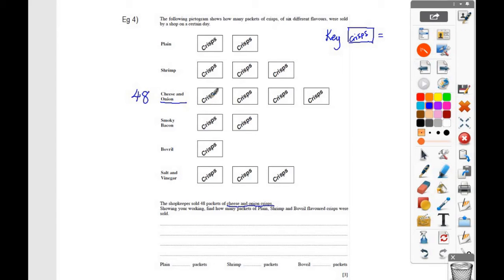Well, if we've got 4 packets of crisps as symbols, and we know that stands for 48 packets altogether, that must mean that 1 packet is 48 divided by 4, which is 12. So 1 symbol of crisps must stand for 12 packets of crisps.